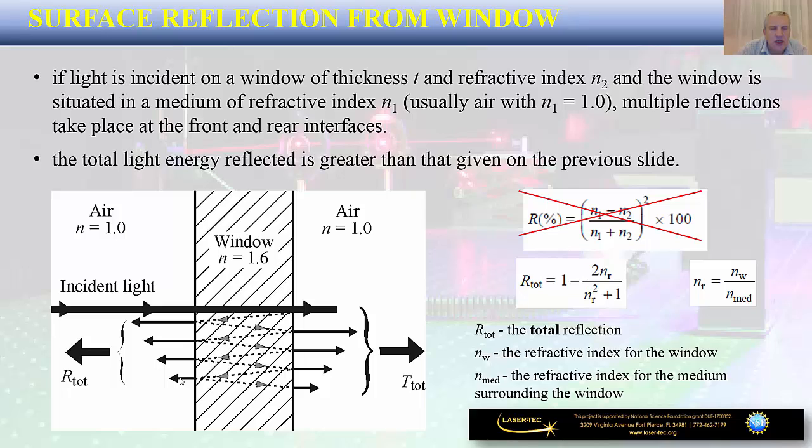the left-hand side. So what we can see here in this case, due to these multiple reflections, the amount of light that's going to get cumulatively reflected is going to be larger than the amount of light or irradiance in the case of the single reflection as we had in the previous case.